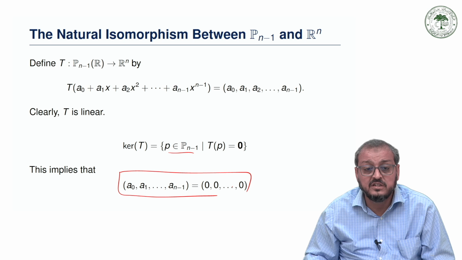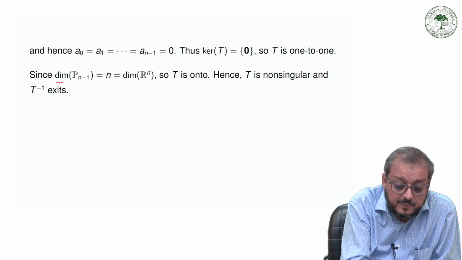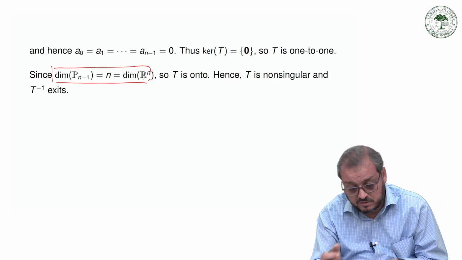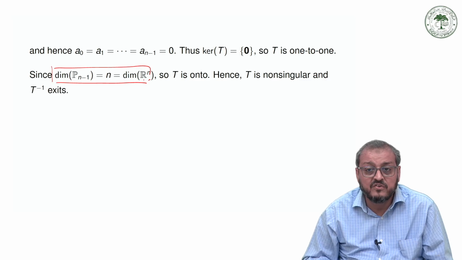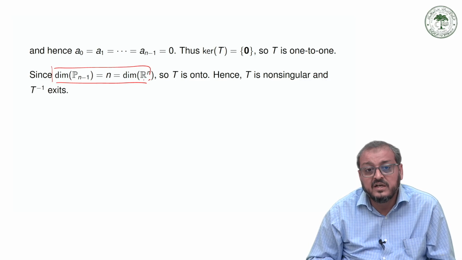So clearly T is one-one, and since the dimensions of the two spaces are the same, T is onto, by the result that when the dimensions of V and W are the same, if T is one-one then T is also onto. So hence T is non-singular and T inverse exists.